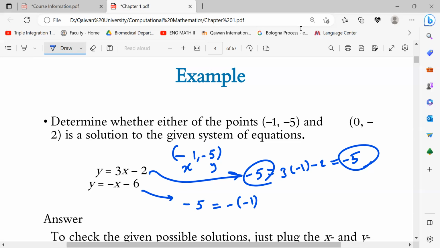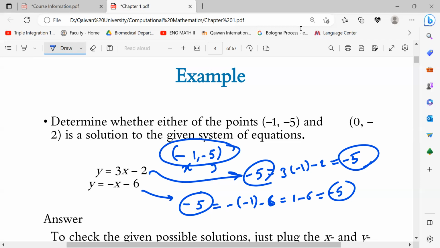We replace x by -1 and y by -5. The right hand side is 1 minus 6, which is -5. As you see, we got the same. Both sides are equal. -1 and -5 satisfies both equations. That means -1 and -5 is a solution for the system.